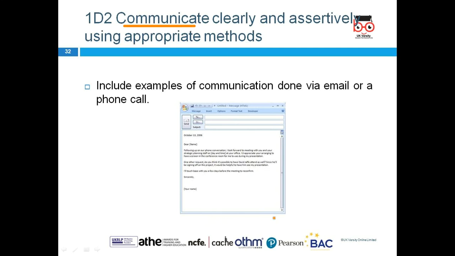Then just put down a couple of sentences explaining what this is, and that will cover this. The merit and distinction questions are quite nice on learning outcome 1.